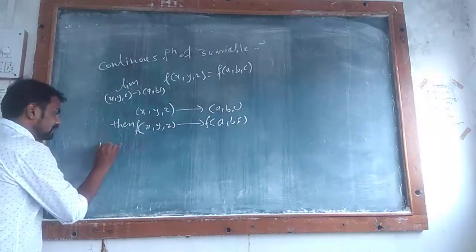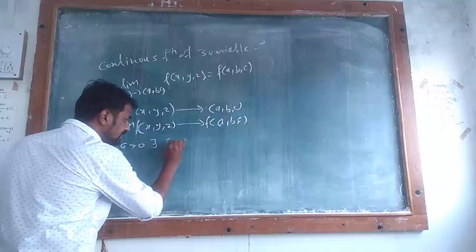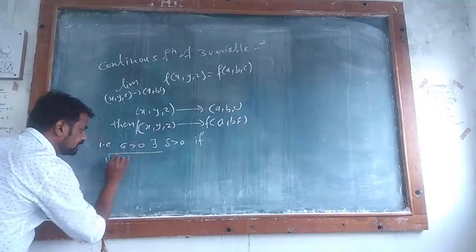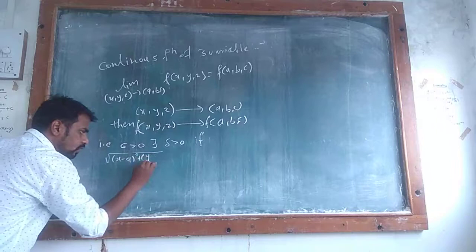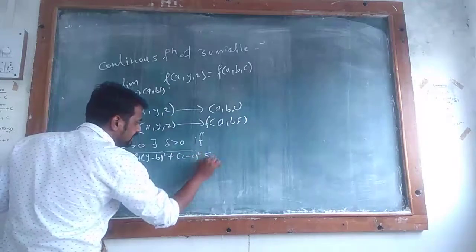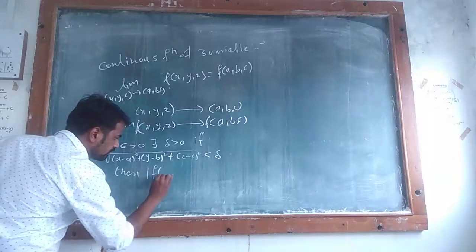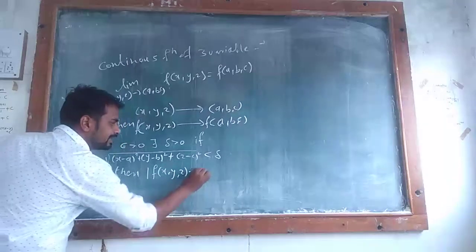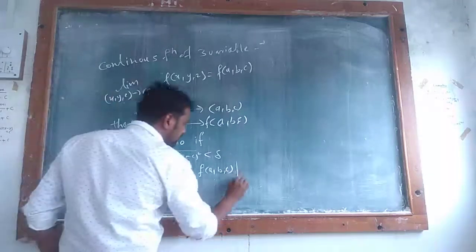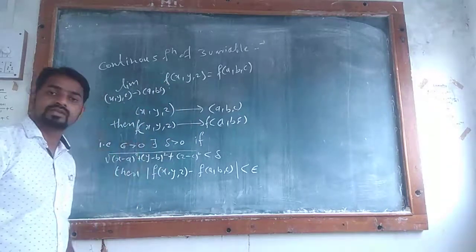That is, in the epsilon-delta form, if epsilon greater than 0, there exists a corresponding delta greater than 0, such that if the square root of (x minus a) squared plus (y minus b) squared plus (z minus c) squared is less than delta, then the modulus of f(x, y, z) minus f(a, b, c) is less than epsilon, and delta depends on epsilon.